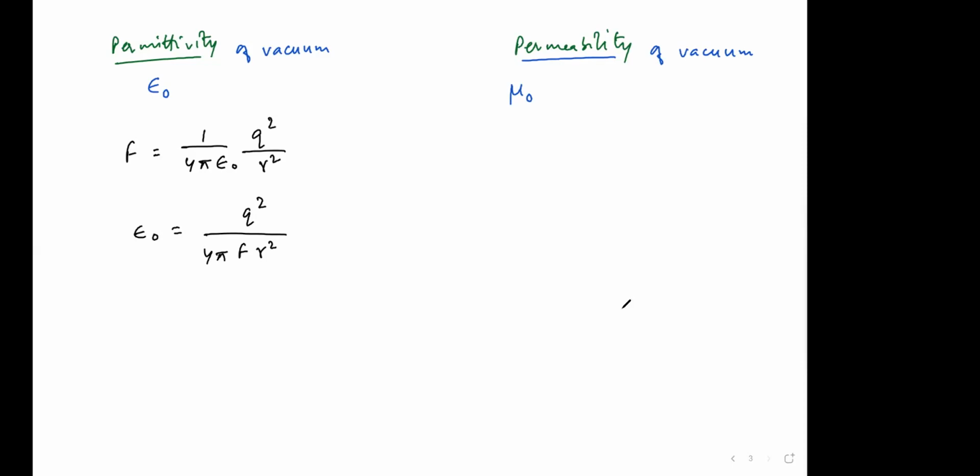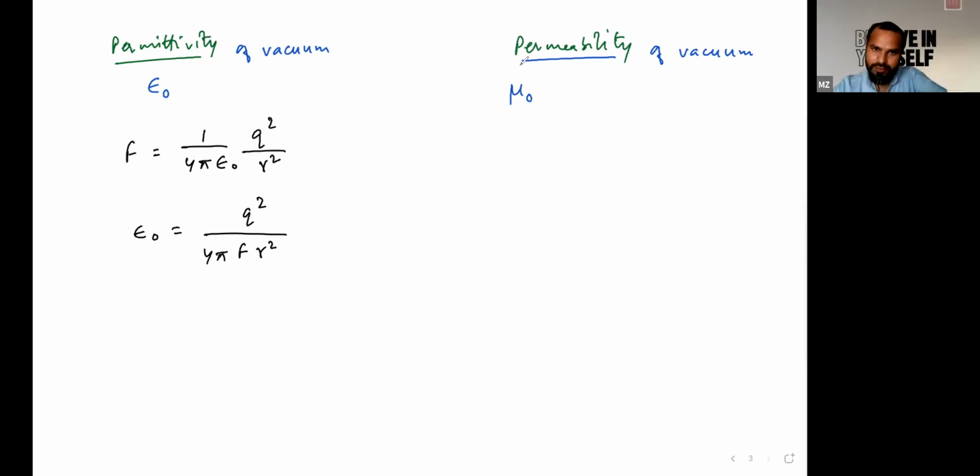Yes, sir. Okay. Similarly, for this particular epsilon naught, there is a relation. C is equals to 1 by root under mu naught epsilon naught. C is nothing but speed of light. And speed is nothing but Lt to the power minus 1 in terms of dimension.